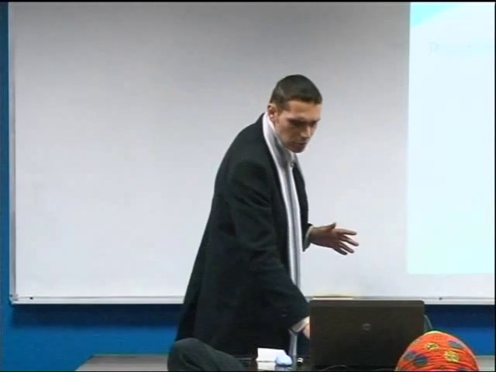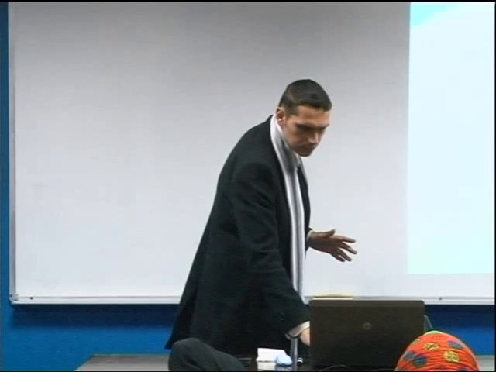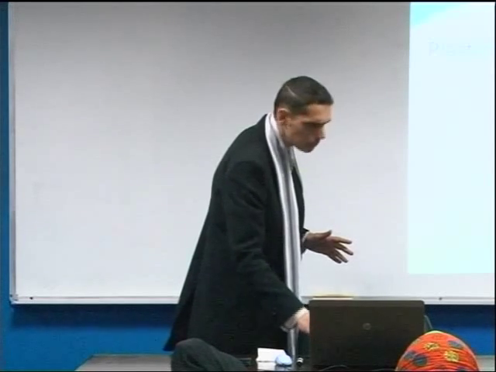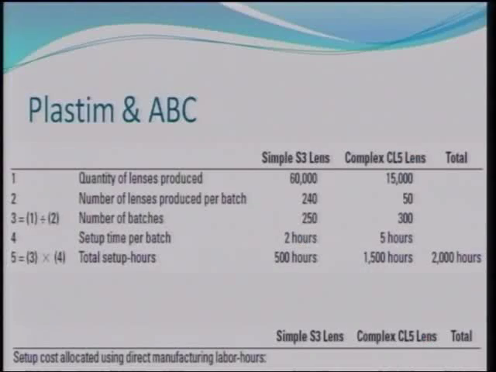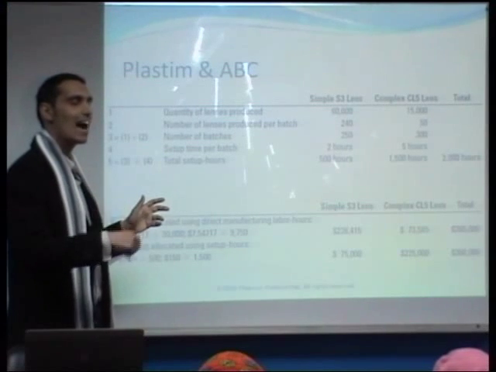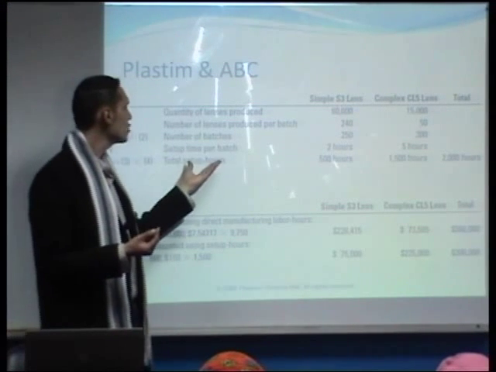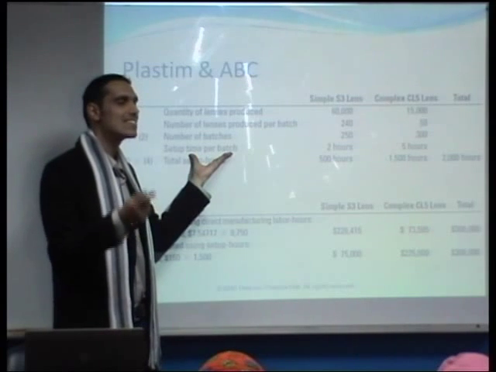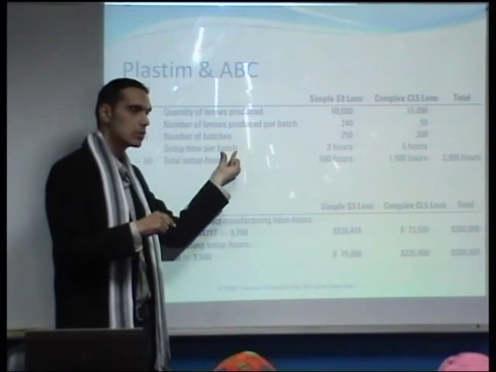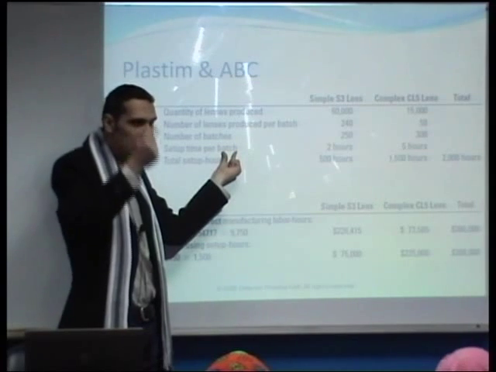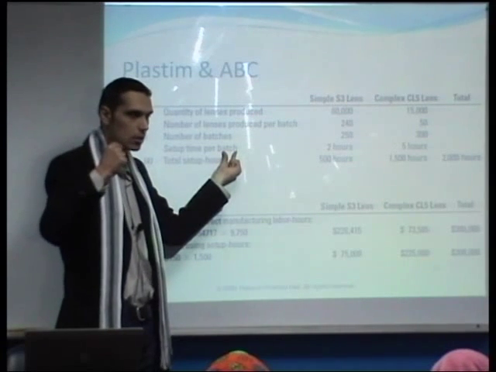Any questions? All right. As we can see, in our allocation method of the setup costs, we have chosen an allocation base that is according to a batch, not according to the individual number of units. Why?